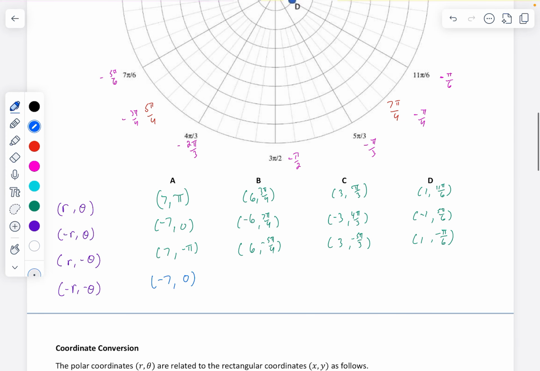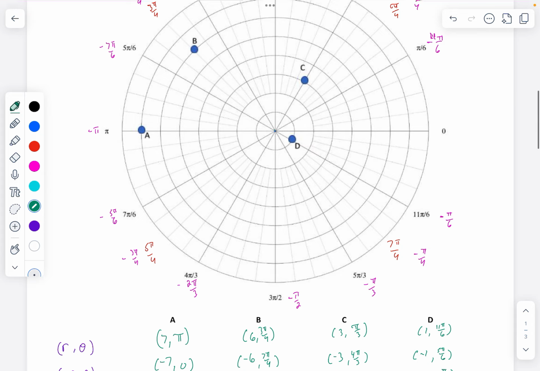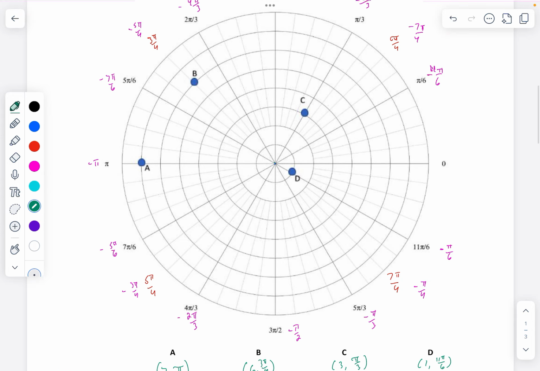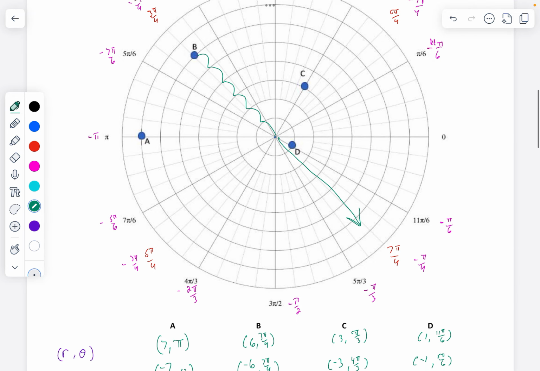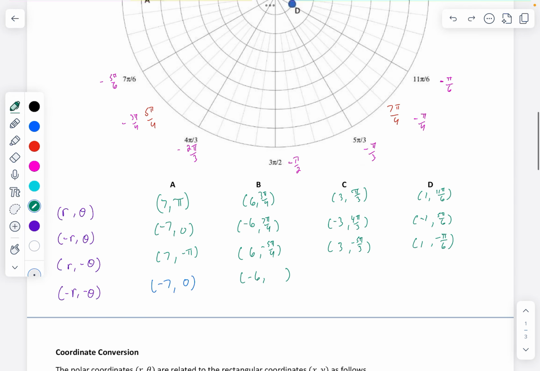Now let's do B. We're moving away in the negative direction again. We already know it's going to be a negative 6, so we want r to be negative. But what negative angle are we moving away from? To get to B, we're moving away from negative pi over 4. So I'm going to change that to negative pi over 4. Again, we're moving away, and we're a distance of 3, so it's negative 3.